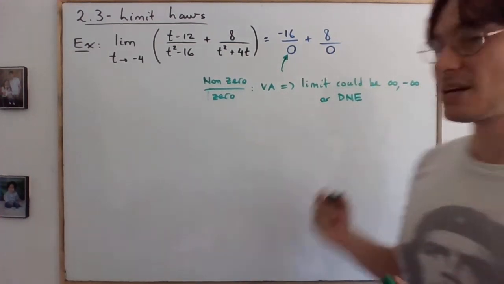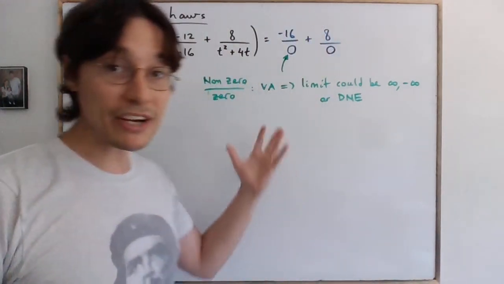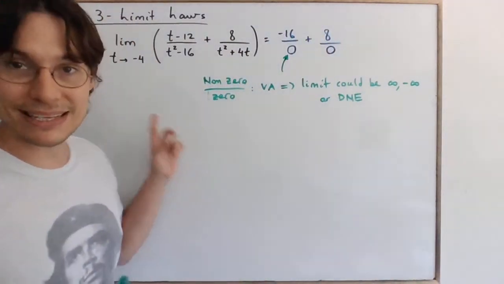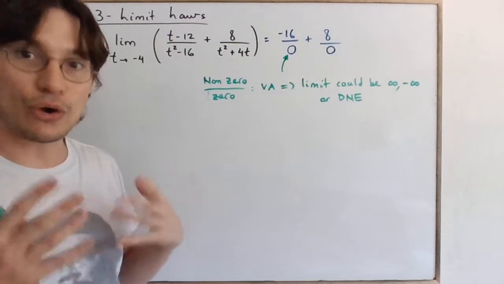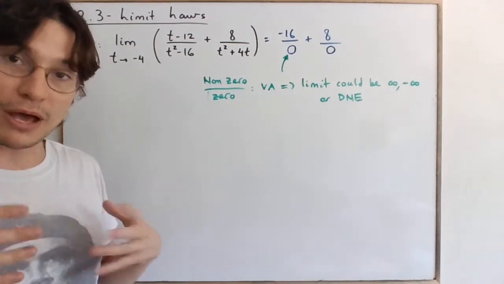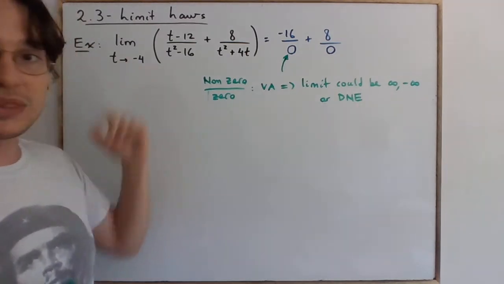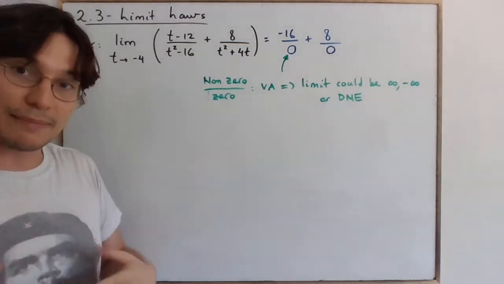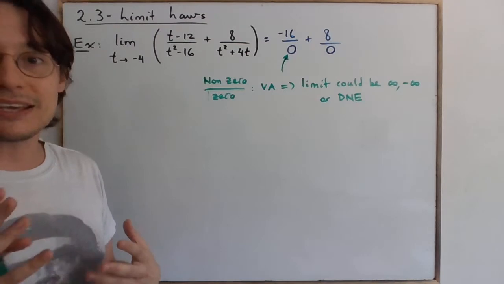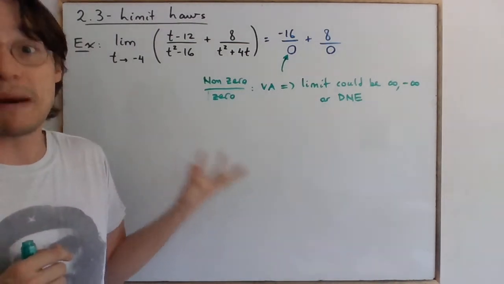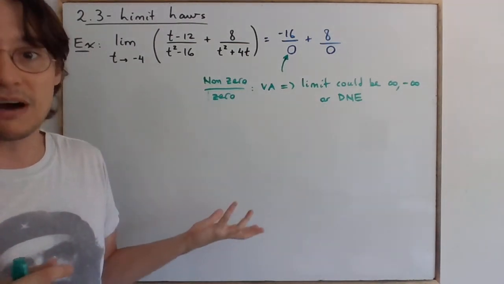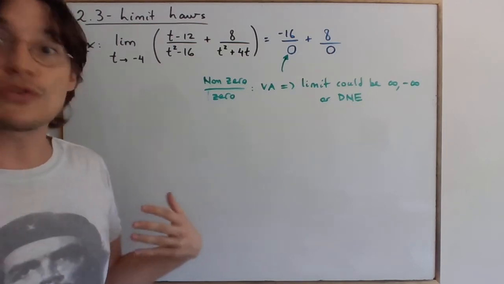Does not exist. So why could it fail to exist? Remember that this is a two-sided limit. So it could happen that from below, when we approach -4 from values below -4, it could go, for example, to infinity. And if we are approaching -4 from above, from numbers above -4, it could go to negative infinity.